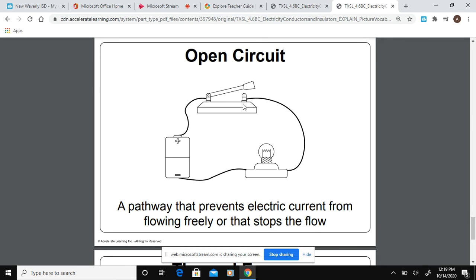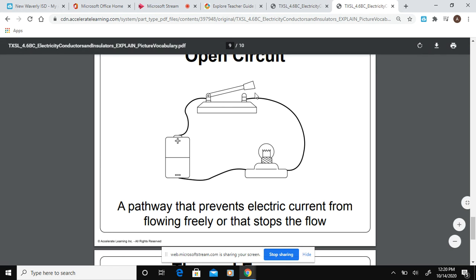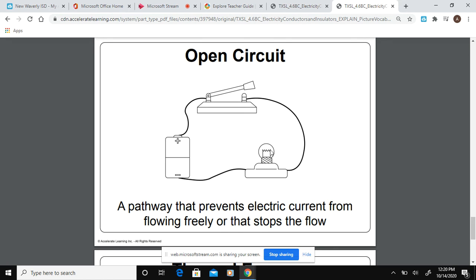That makes it an open circuit. Again, it's the stop of the flow. It will not continue on to make the light bulb turn on, so that's why it's not turned on yet.